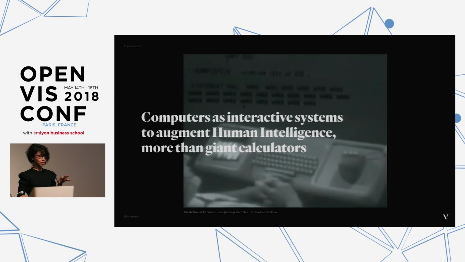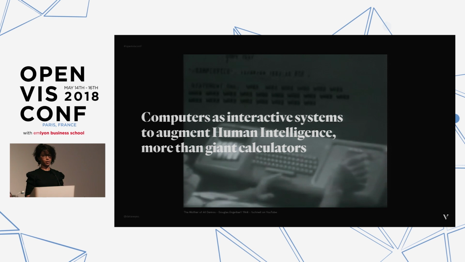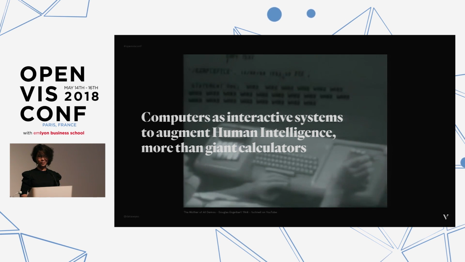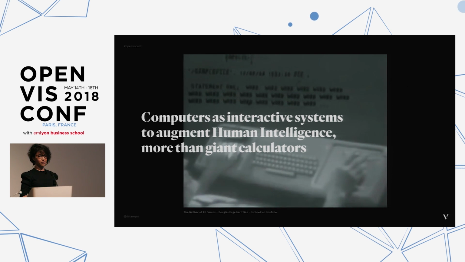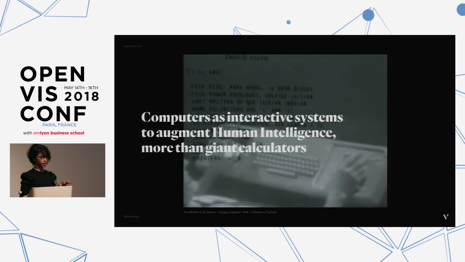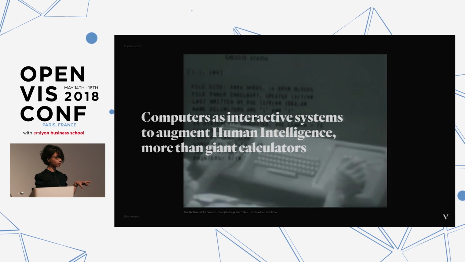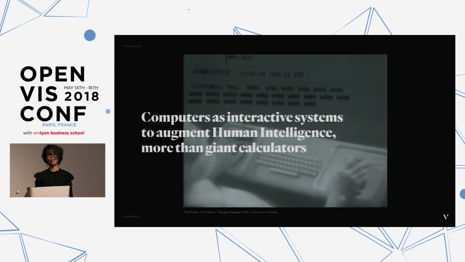It comes from the 60s, when the founding fathers of modern computing, like Steve Jobs or Douglas Engelbart, began thinking about computers not as giant calculators, but as interactive systems. So systems humans can interact with rather than big machines to solve big calculation problems.